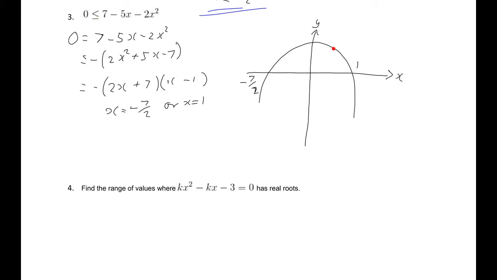So we want this region. So we know that therefore x must be smaller than or equal to 1. Got to be careful, make sure those equals are in there. And bigger than or equal to minus 7 over 2. There we go. That's the third question done.